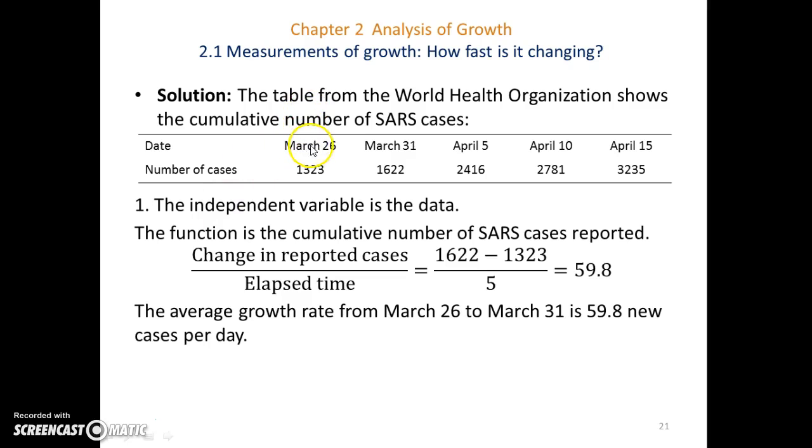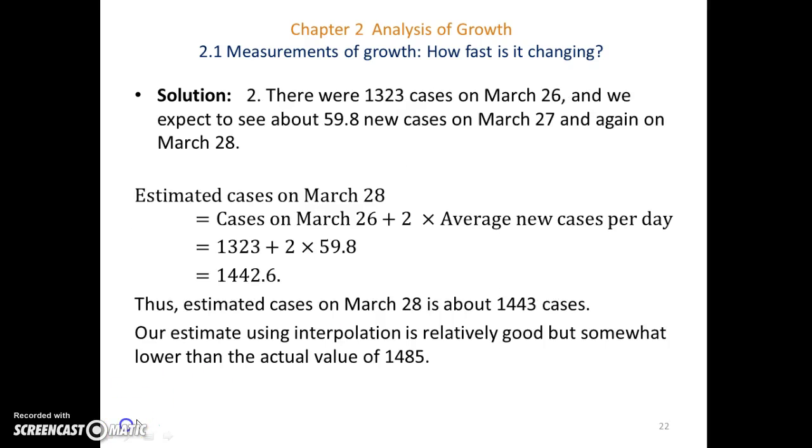The number of days between March 31st and 26 is 5 days. That's the figure in the denominator. The independent variable is in the denominator. And the difference in number of cases is 1,622 minus 1,323. That goes in the numerator, the change in the function values. The quotient is 59.8. The average growth rate from March 26 to March 31st is 59.8 new cases per day.